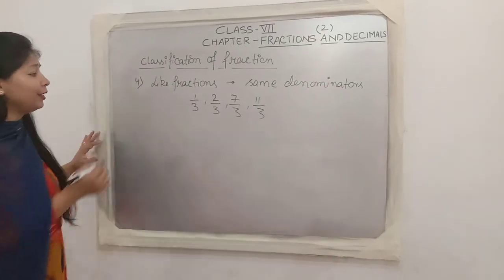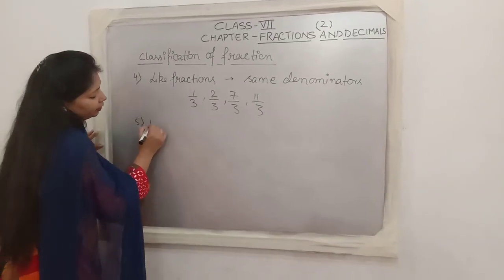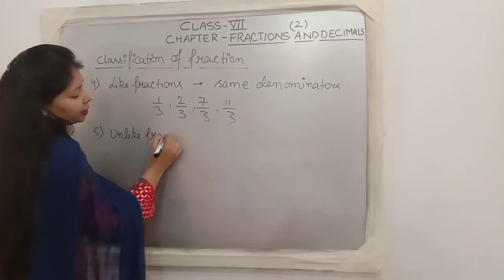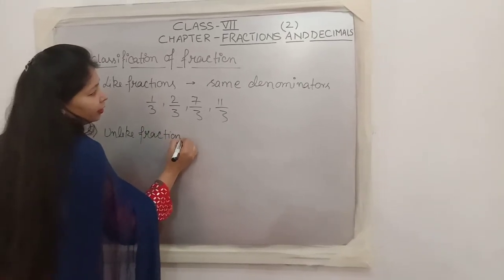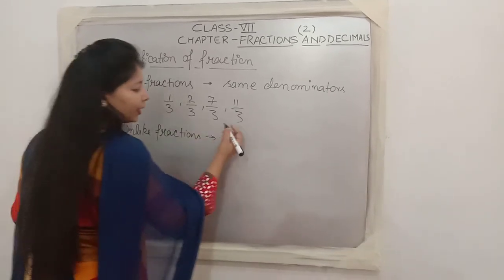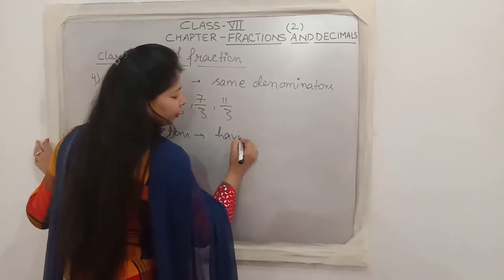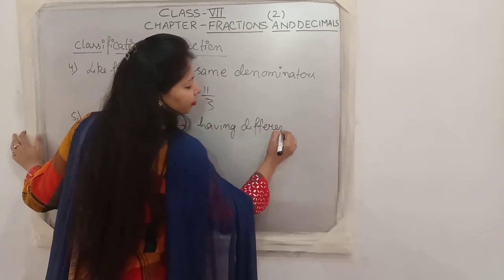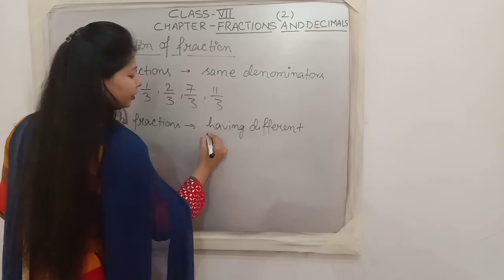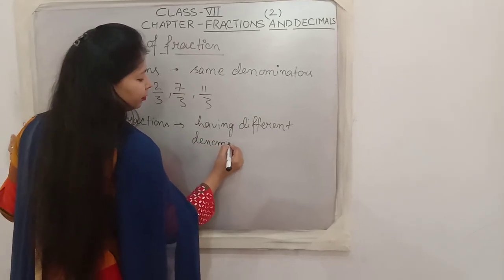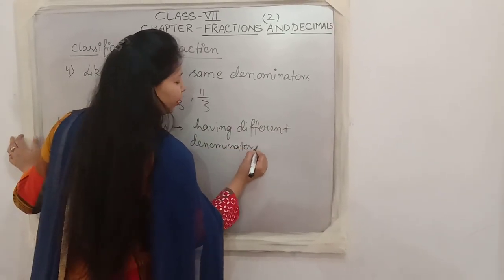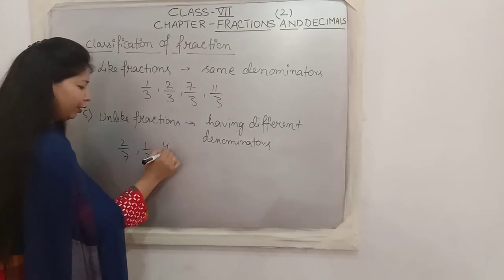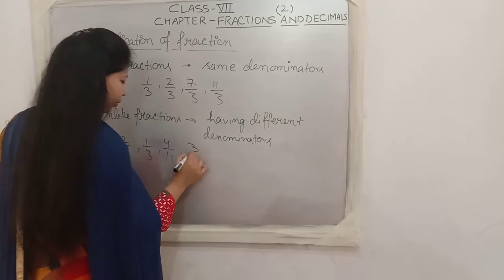Okay. Now what are unlike fractions? Unlike fractions are the fractions having different denominators. For example, 2 by 7, 1 by 3, 4 by 11, 3 by 8.